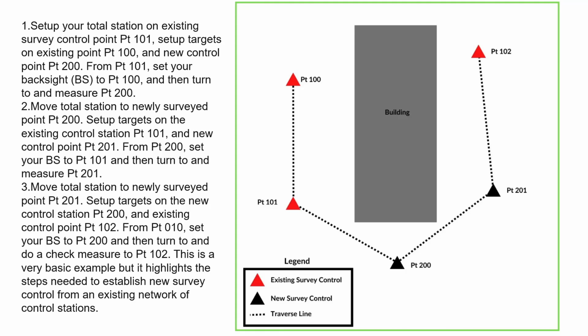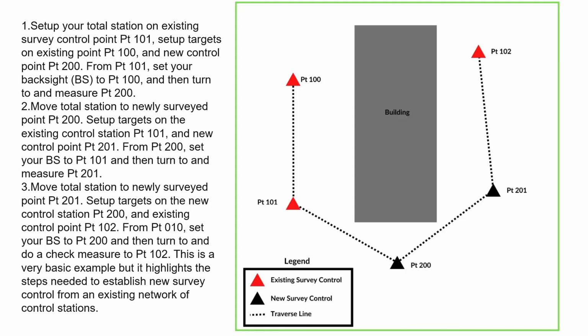Next step, move the total station to newly surveyed point 201. Set up targets on the new control station point 200 and existing control point 202, 102.